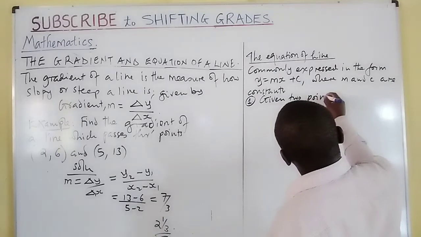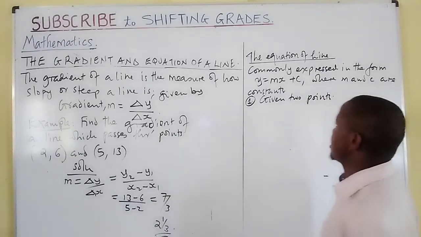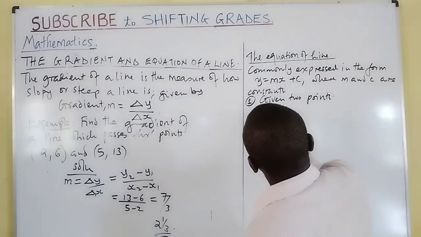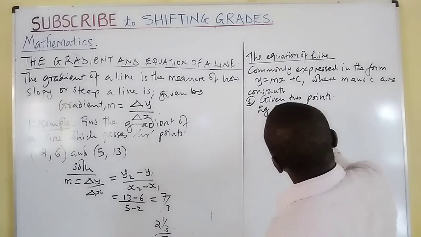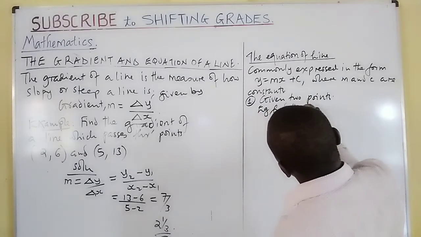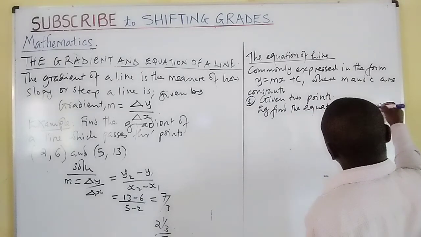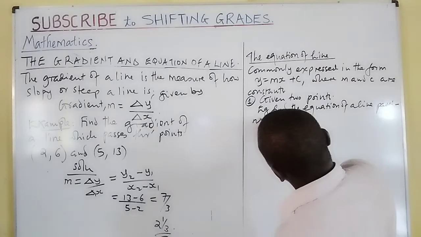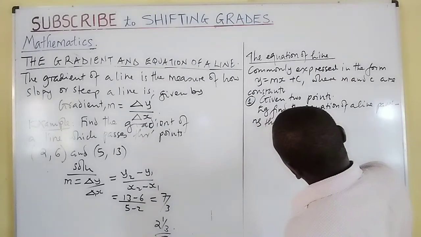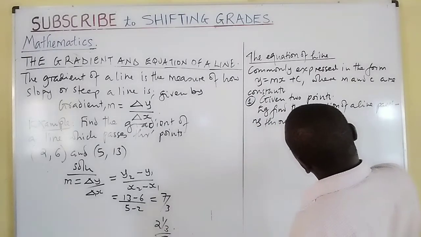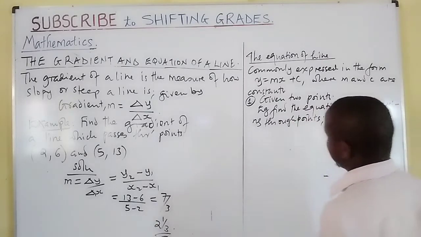2 points. Given 2 points, for example, find the equation of a line passing through points, and you're given 2 points.